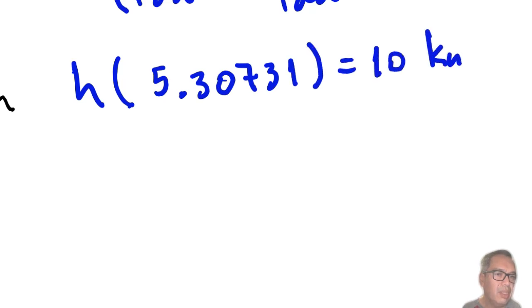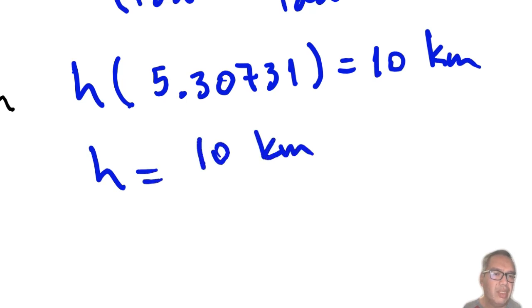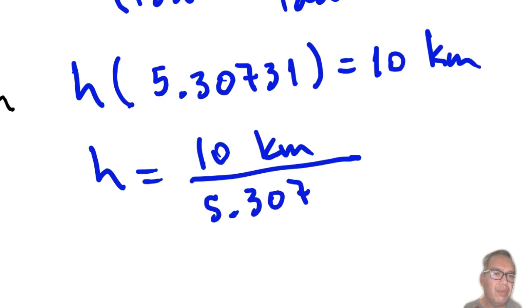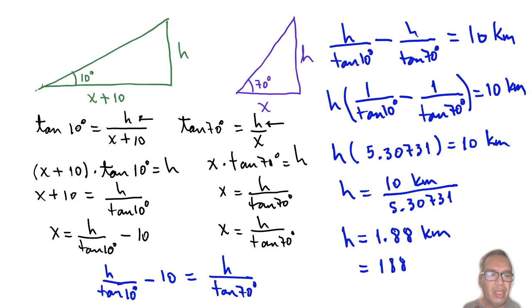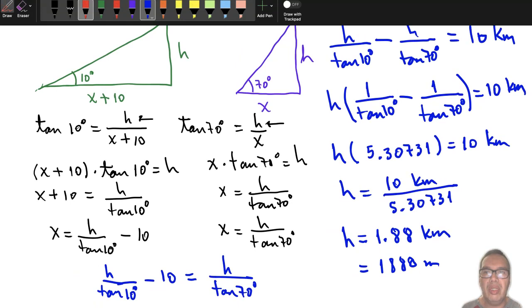And now this is a very straightforward thing. 10 kilometers divided by 5.3731. And the final result is that your height is equal to 1.88 kilometers. Or if you want to give it as a more conventional number, 1,880 meters. So that will be the answer.